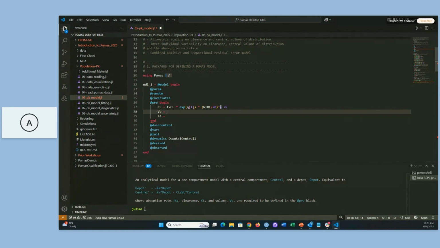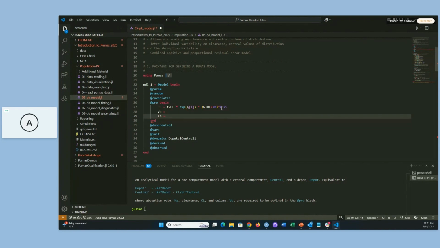So we can just use a fixed parameter initially, because we don't have a lot of data potentially, especially in the world of first in human studies, SAD, MAD. You're not going to have a lot of data necessarily to accurately estimate this, but realize eventually you can also estimate this exponent as well.